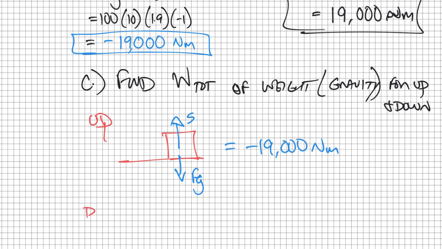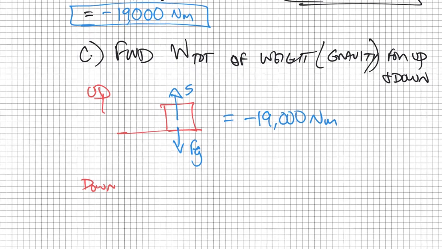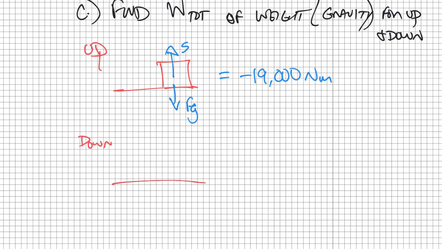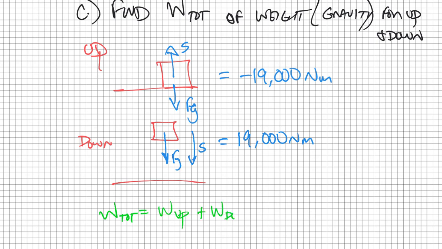On our way down, our object starts here. It has a force of gravity here. It has a displacement down now, and so those are going to be in the same direction, so that's going to be a positive work. And so the work net, or the work total, is the work up plus the work down, which is going to be equal to 0 Newton meters.